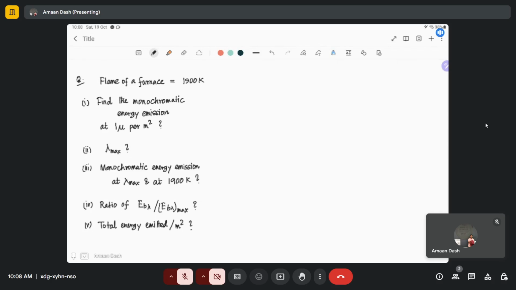Okay, so let us see the solution. The first part is to find the monochromatic energy emission at 1 micron per meter square.